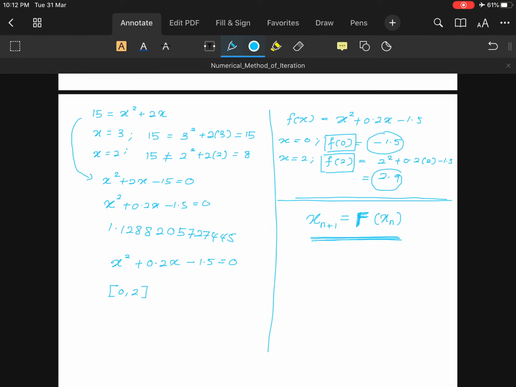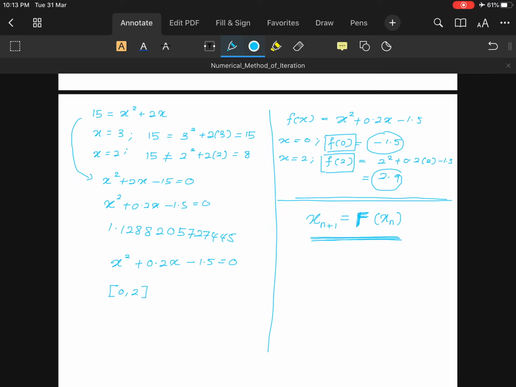Don't bother about the subscripts n plus 1 and n for now. What this is saying is that the next guess of the root depends on the current guess. It could go away from the root, or it can diverge, or if you are lucky enough, it will go to the root itself. We'll talk about this more afterwards.